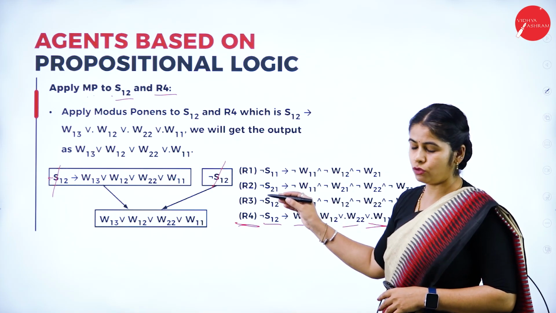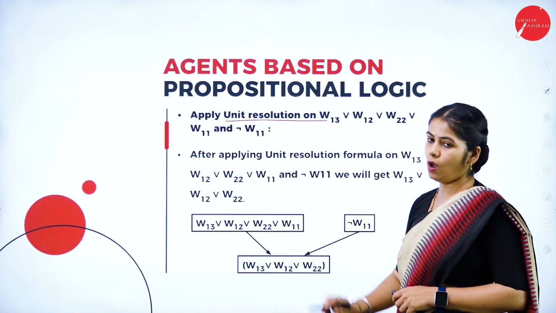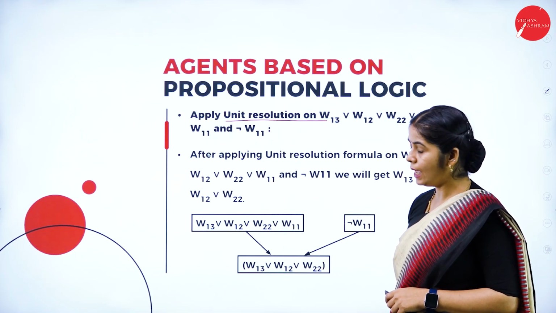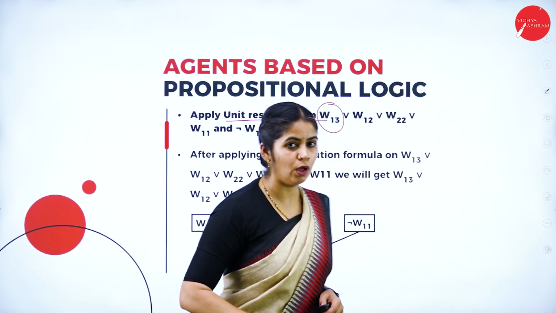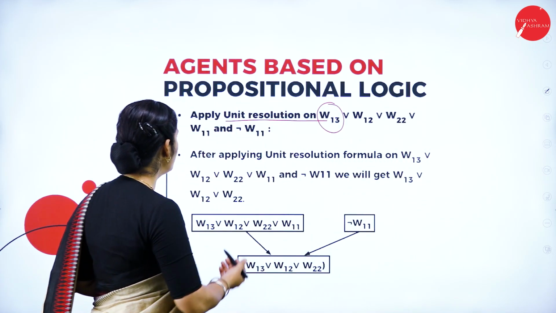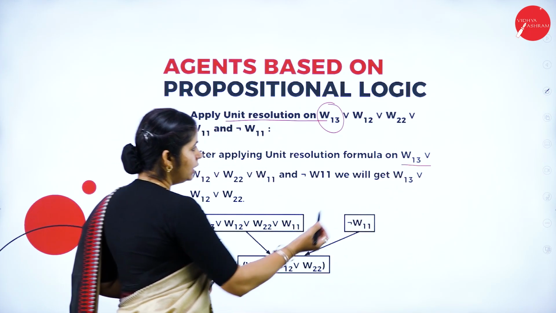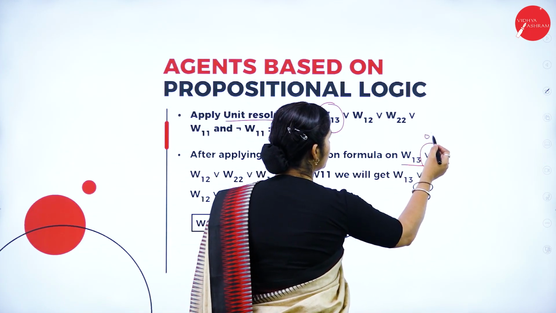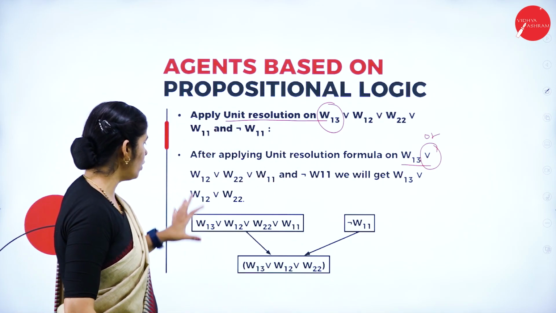After this, what do we have to do? We have to apply the unit resolution on W11, because we already know there is no Wumpus in W11 since no stench smell is there. So after applying the unit resolution formula to W11, here we are using the OR operation. That is, for the elimination method we are using the OR operation.